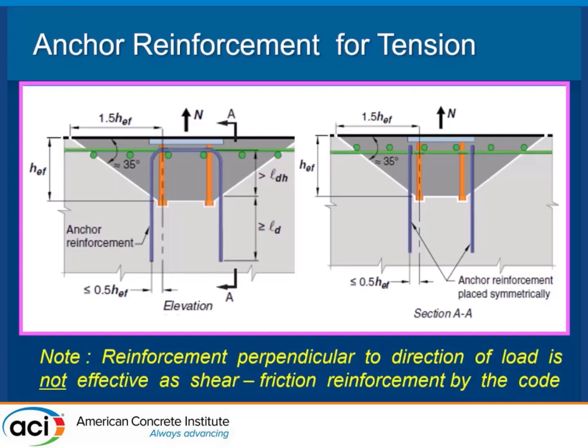We have a tension load that's going up, and if I want to have some reinforcement to help me out, I need to have reinforcement going in the opposite direction of the applied load that brings that load back into the structure. If I don't do anything but provide just general reinforcement that goes in the general direction opposite to this, I can call it supplementary reinforcement. I don't have to design it. There's no size, there's nothing.